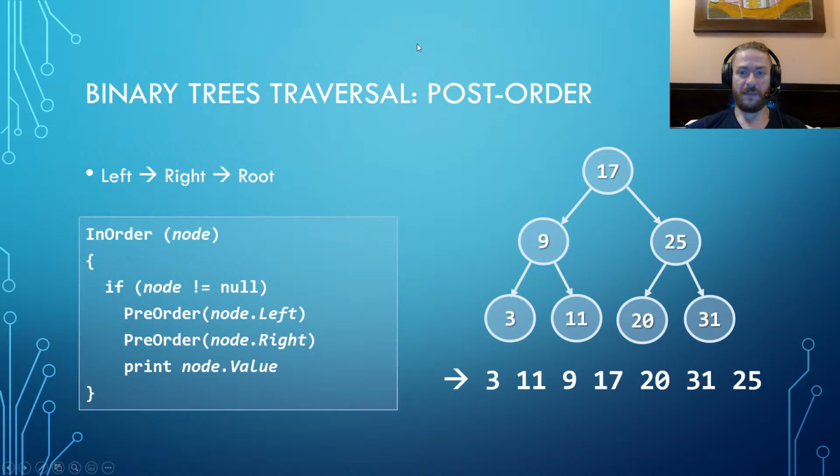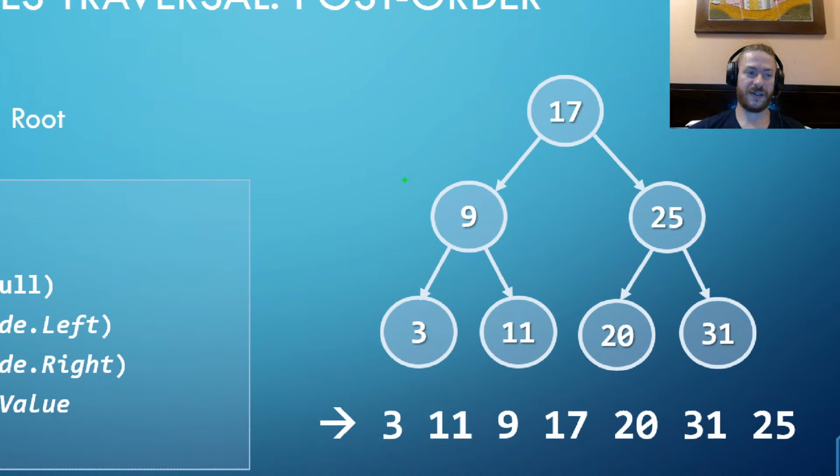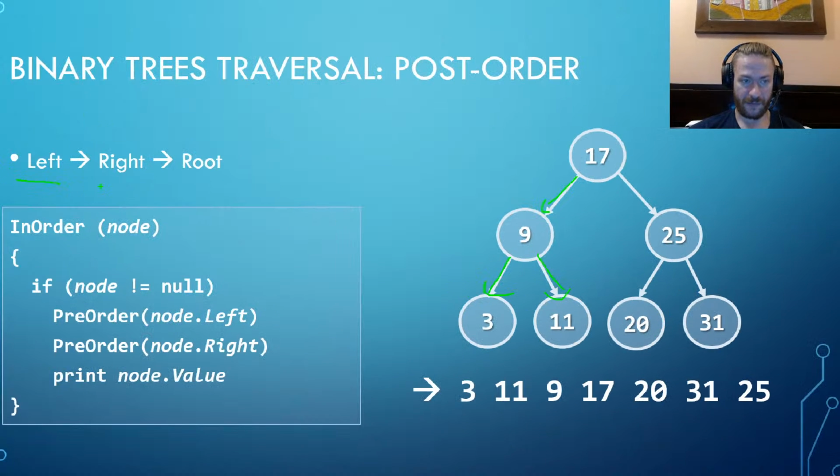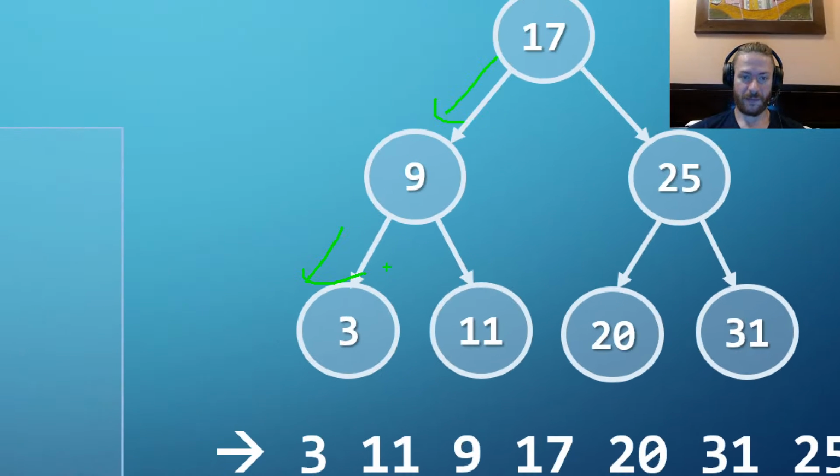And the post-order means that we first go to the left, then to the right, and finally to the root. So we go here, left, right, root, sorry. We go here, so we print 3, then we print 11, and then we go back to the root.